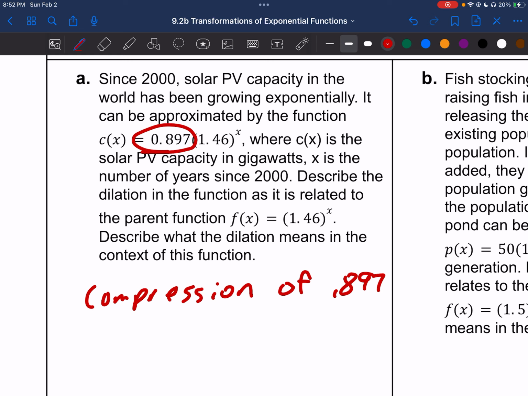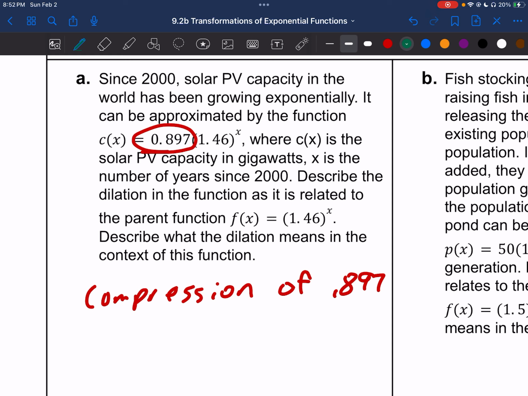And what does this do for us? If we think about it, anything to the 0 power is 1. So in year 0, the year 2000, we're multiplying 0.897 by 1.